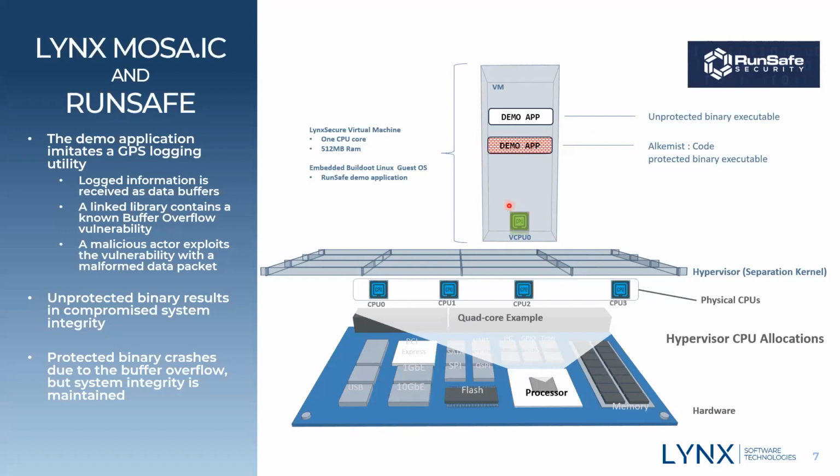Running the same demo, except with the Alkemist code protections linked in, when that memory buffer overflow vulnerability is triggered, the application will crash, but no ability to compromise the system is realized because the memory address layout was changed due to the randomization.